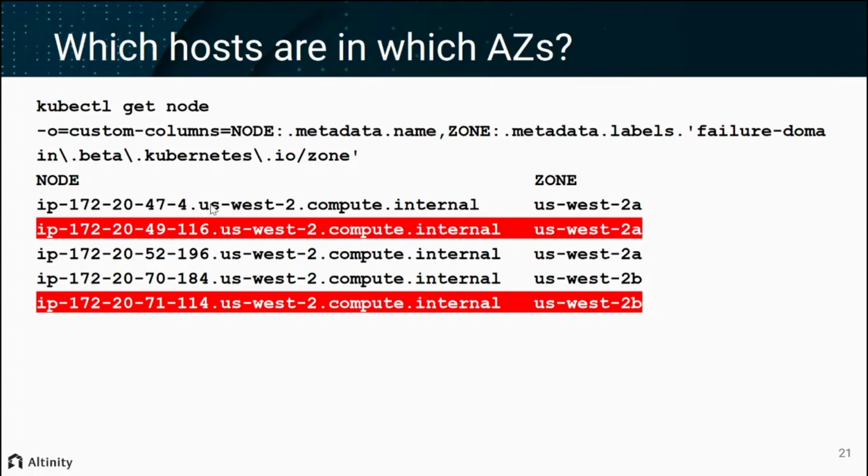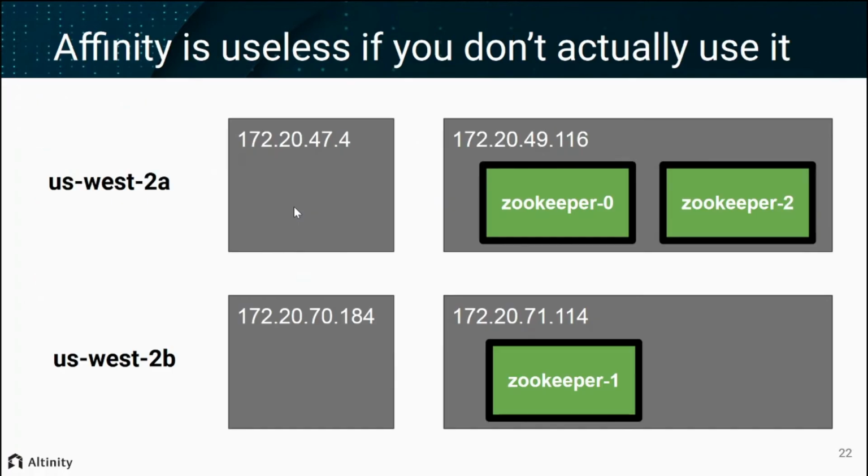We can take these two things together and draw a picture of how the Zookeepers are actually distributed. What we see is 2 on one host, 1 on another, and the distribution here is essentially random. It's luck of the draw that we got 2 on one machine and 1 on another.